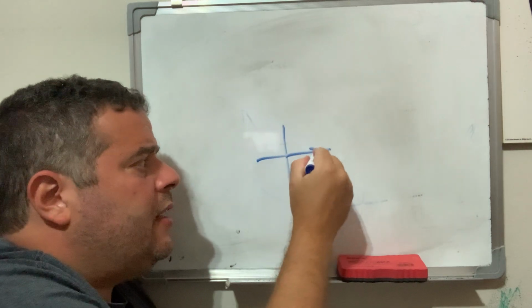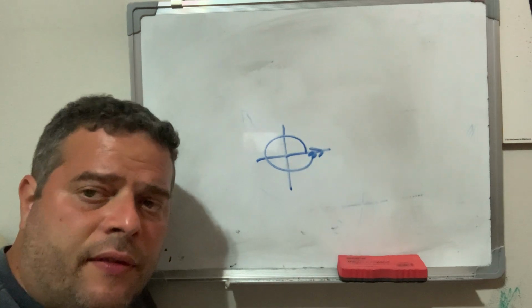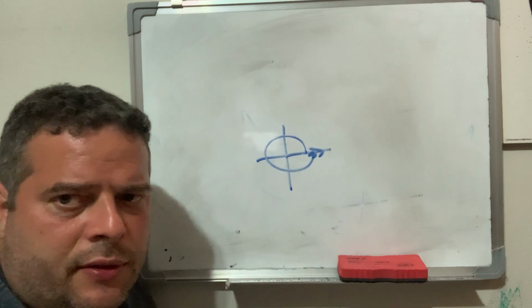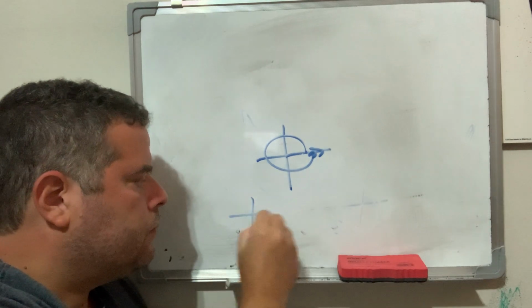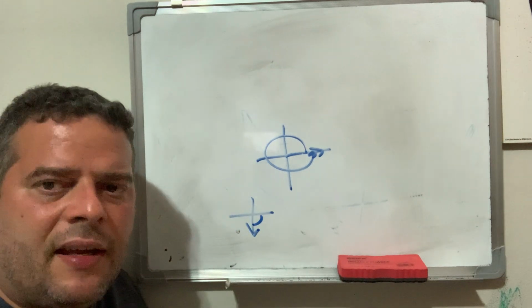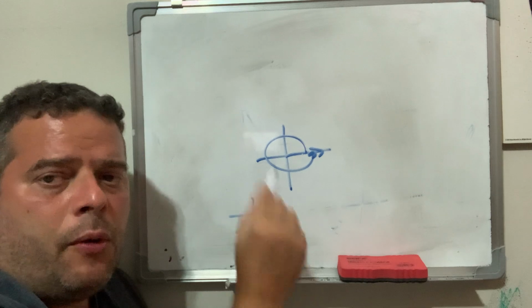If I begin here and I end here and I go like this, that would still be a positive angle. I went upward and I'm pointing to the right. This would be a negative angle. I began in the initial side and my terminal side is going down.